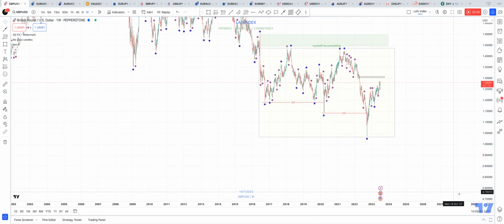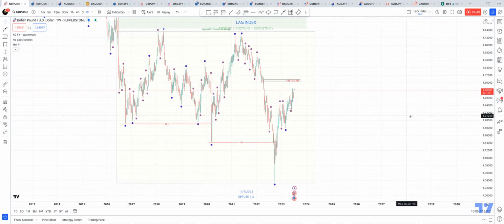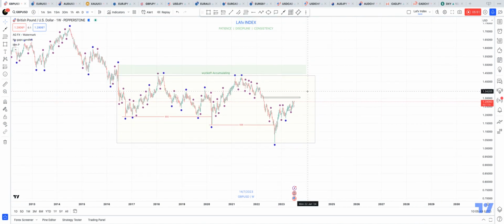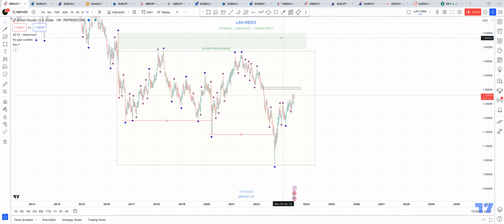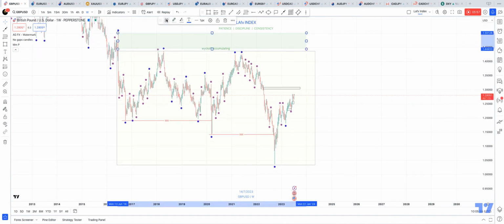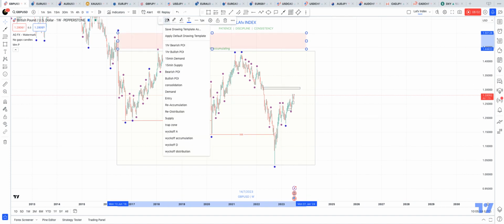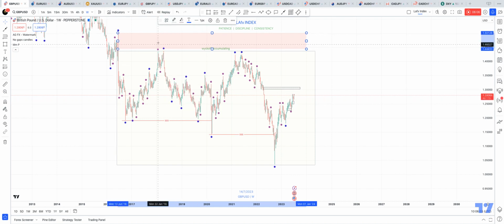Assuming we're factoring in this accumulation schematic, right? And then we were seeing this as a normal bearish trend.